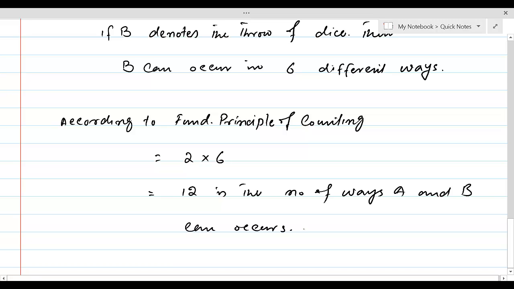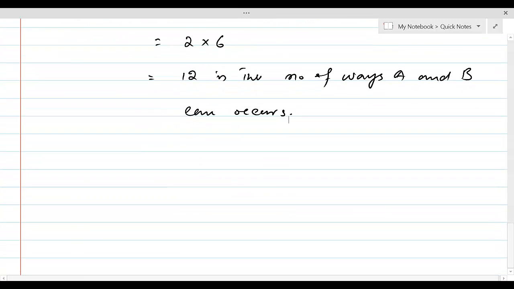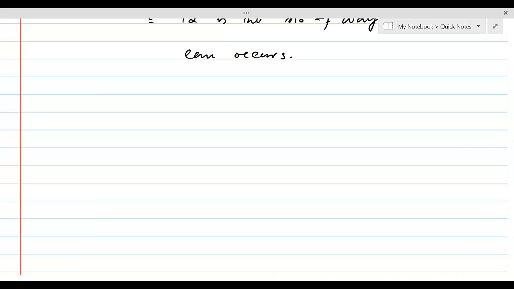But there could be different presentations. This is simply if we want to calculate the total number of ways in which A and B can occur, but the question requires us to make a tree diagram. If that is the requirement, then let's start from here, and for the tree diagram we are going to draw 2 branches, so that each branch denotes the outcome of the first event.